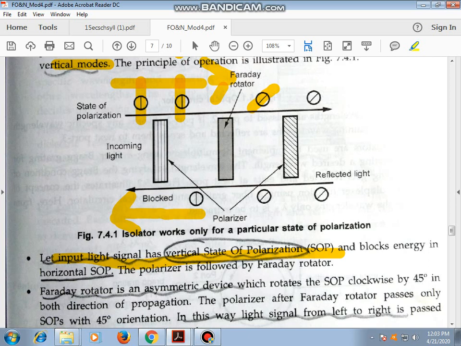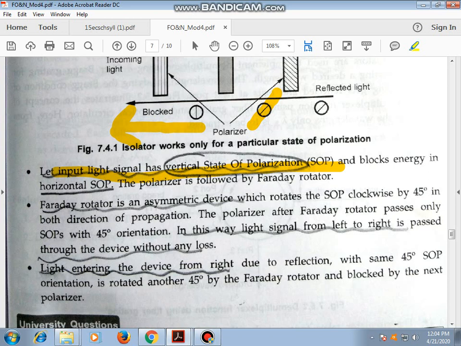When it reflects, it may come back as a reflected signal, but with a 45-degree tilt only. So this Faraday rotator will not allow the signal to flow from right to left. The same thing is written here. A Faraday rotator is a symmetric device which rotates the state of polarization clockwise by 45 degrees in both directions of propagation.